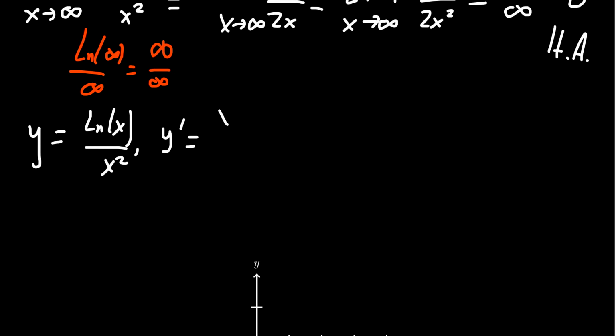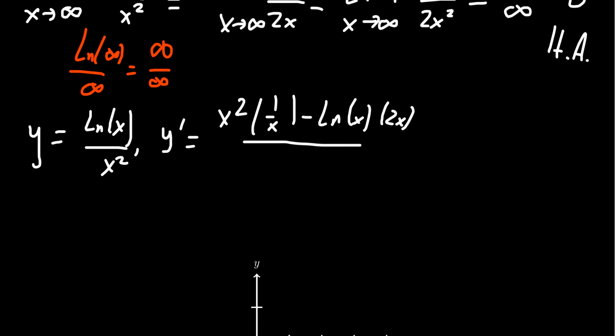So we get low d high minus high d low, square the bottom. Here we go. And so factor the top. We'll simplify things first, I guess. x squared times 1 over x is just an x. We get minus 2x times the natural log of x over x to the 4th.